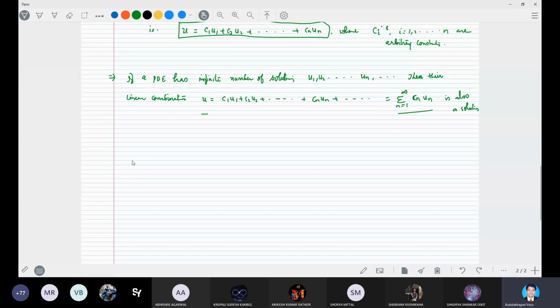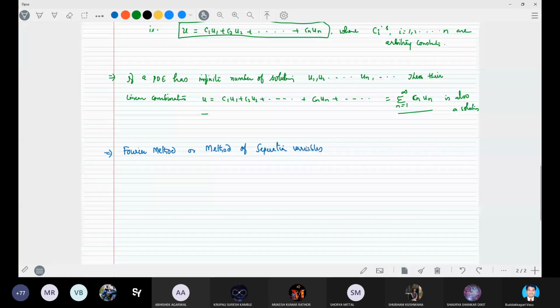Now look at the solution of the differential equation by the Fourier method, or method of separation of variables. Method of separation of variables for solving PDEs.